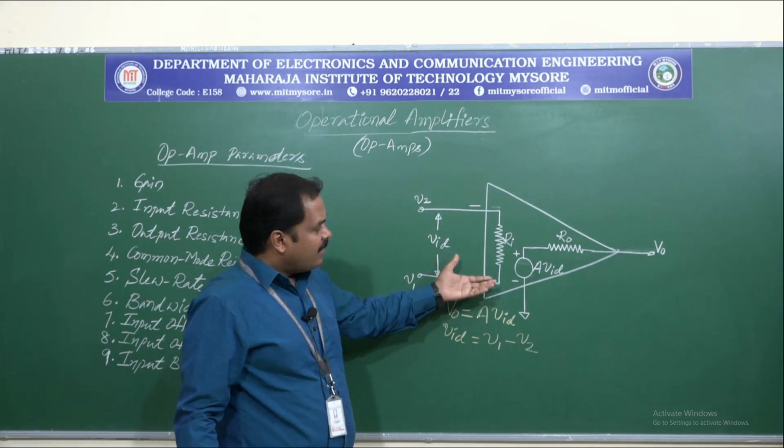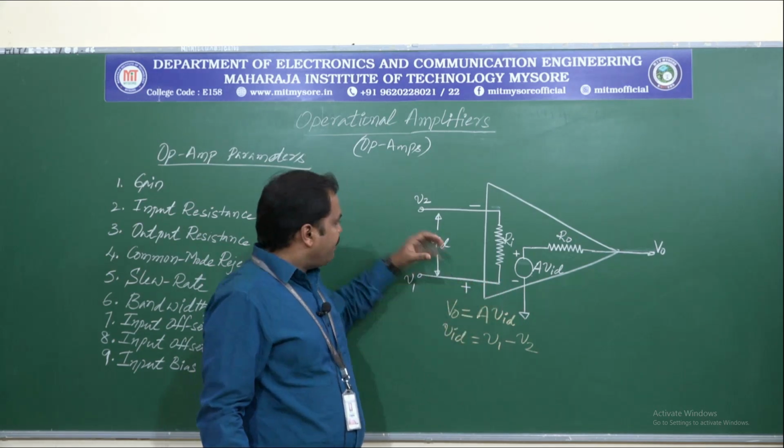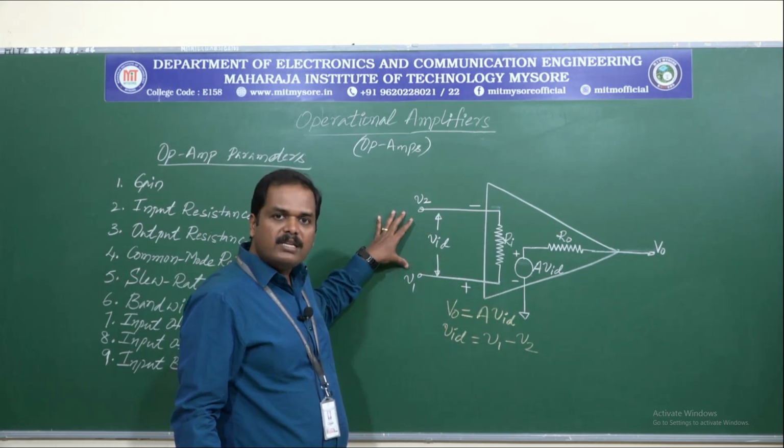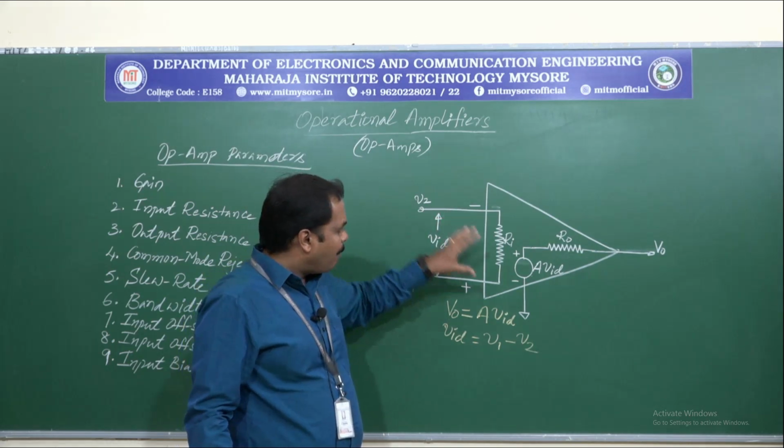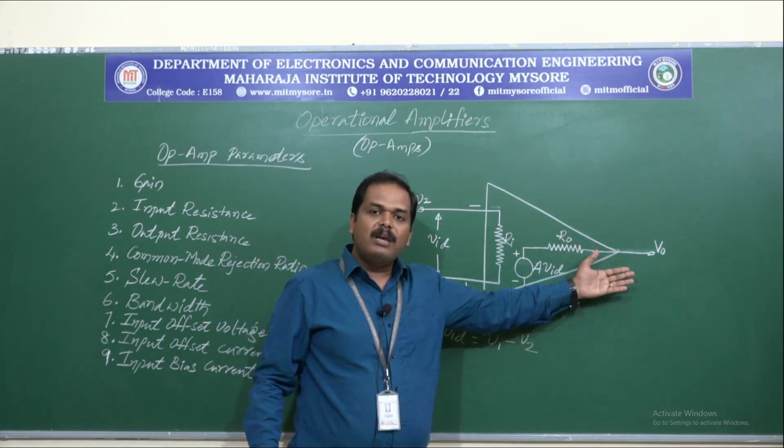So basically any op-amp senses the difference between the input voltages applied, and that is amplified by a gain factor A, and that is what is available as output.